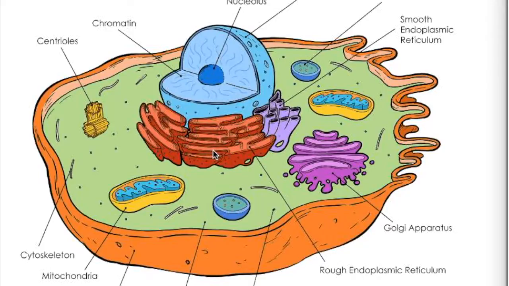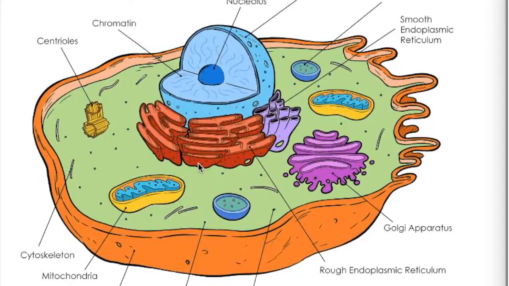It's a system of interconnected vascular cytoplasmic membranes that help transport materials within the cell. There is both smooth endoplasmic reticulum here and rough endoplasmic reticulum here. The rough endoplasmic reticulum is considered rough because it's coated with additional ribosomes.